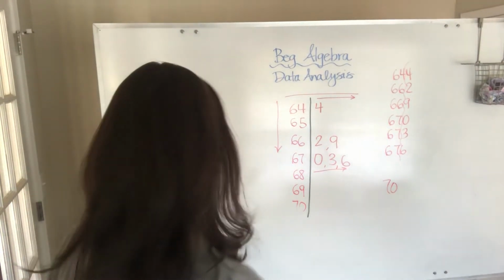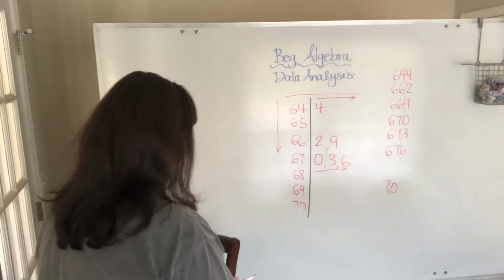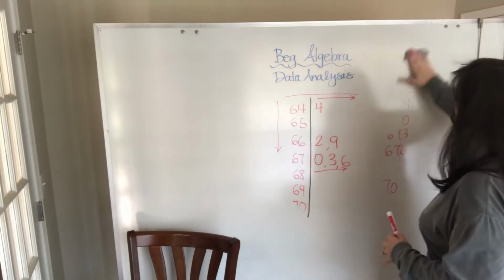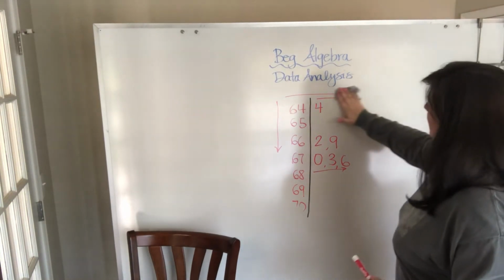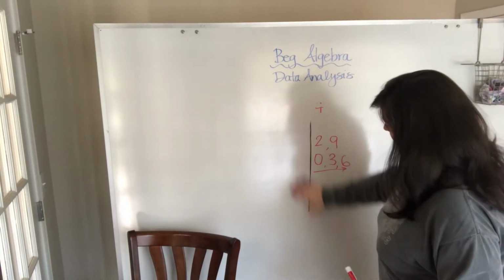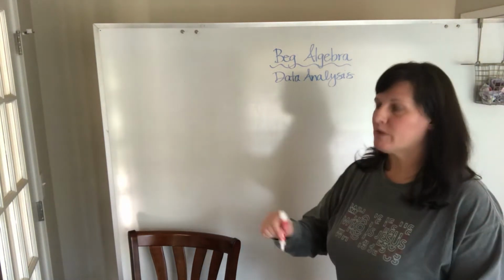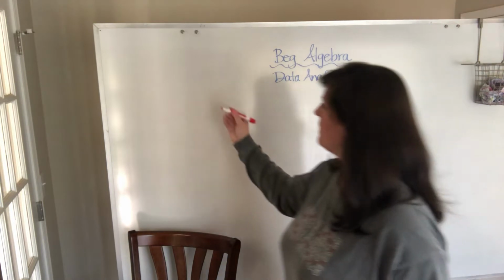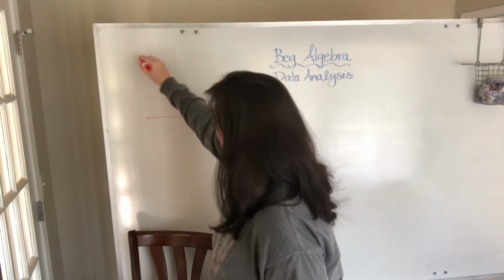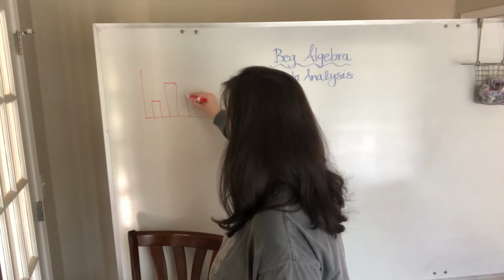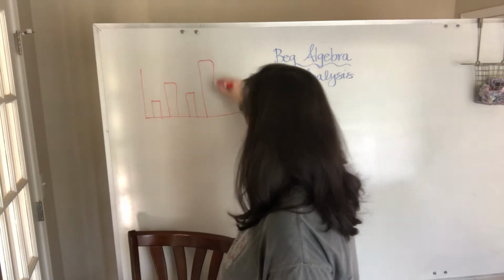The next one is a histogram. Now, a histogram always has a frequency table along with it. When you were a kid, probably your favorite way, they would have you make graphs all the time, right? And most kids love to make a bar graph, right? And so, oh yay, we have this many, and this many like dogs, and this many like cats, and this many like bunnies, right?